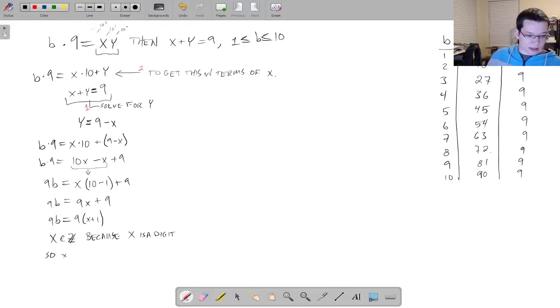So x plus 1 is an integer, because addition in the integers is closed.